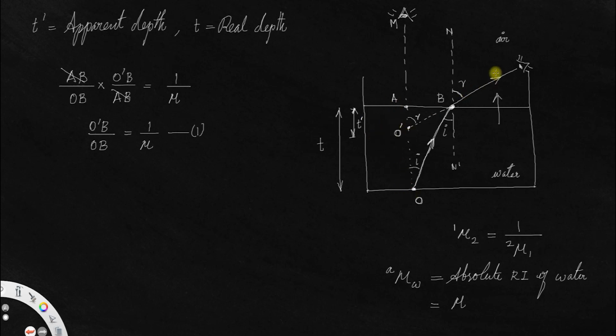So when I look from here only, I can see the difference. So both these rays, that is OA and OB, should move through my pupil. Then only I can observe this separation, that is OO dash.